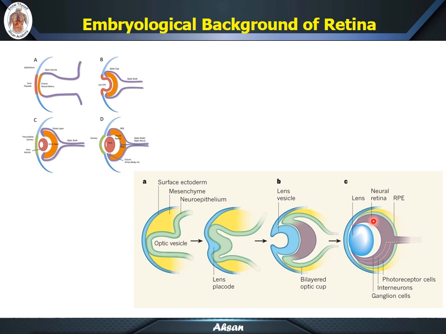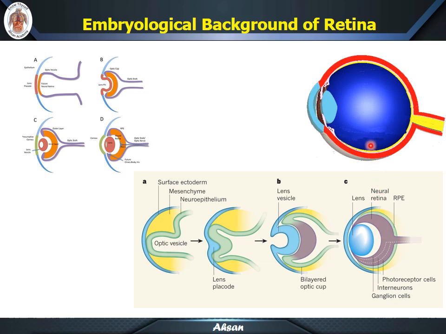So this part has converted into the nervous layer, and the outer part is the non-nervous epithelial part. So it continues and continues. Here at ora serrata this inner layer ceases and the cells continue over the inner surface of the ciliary process. So ciliary process, and these are the condensation of the mesoderm.